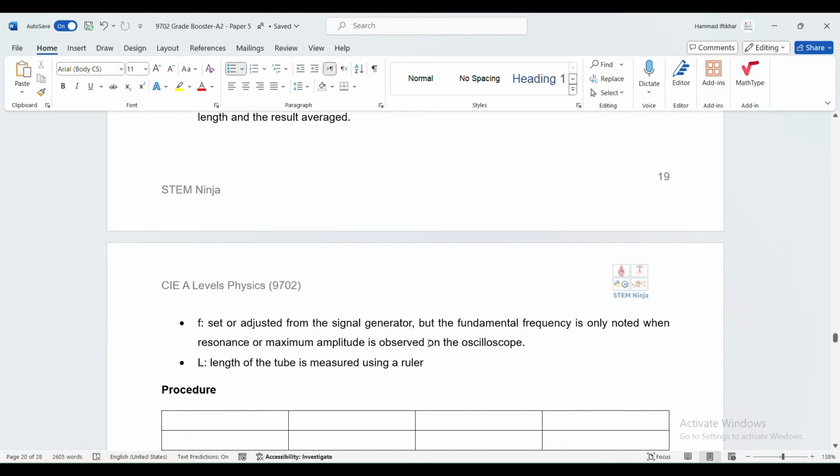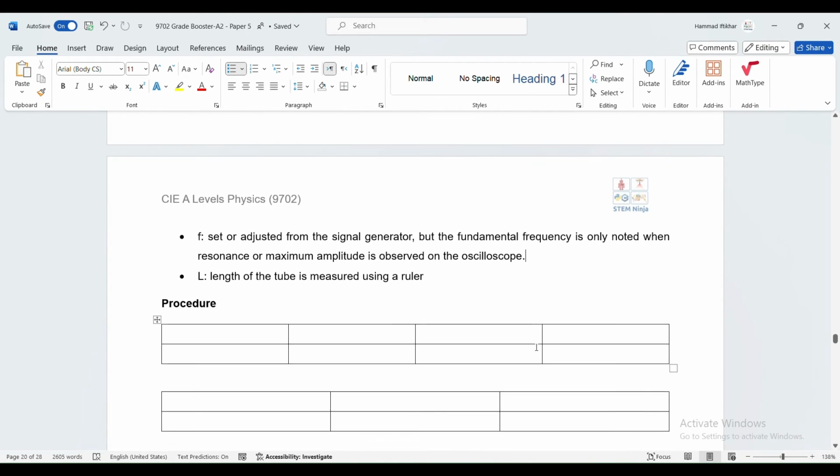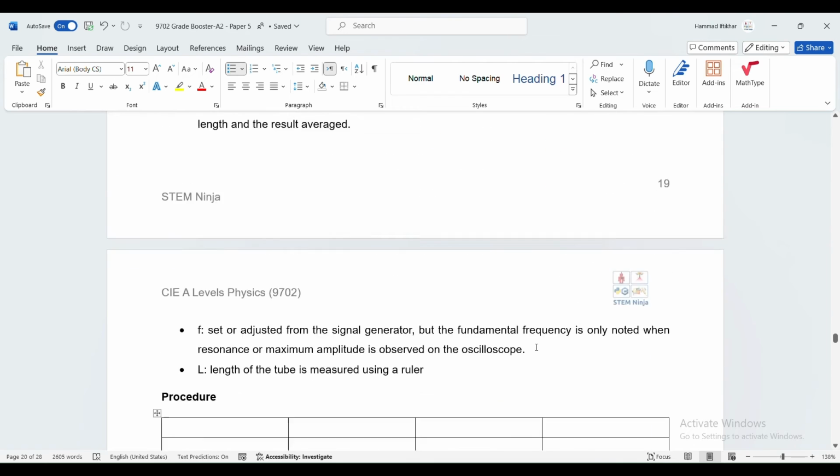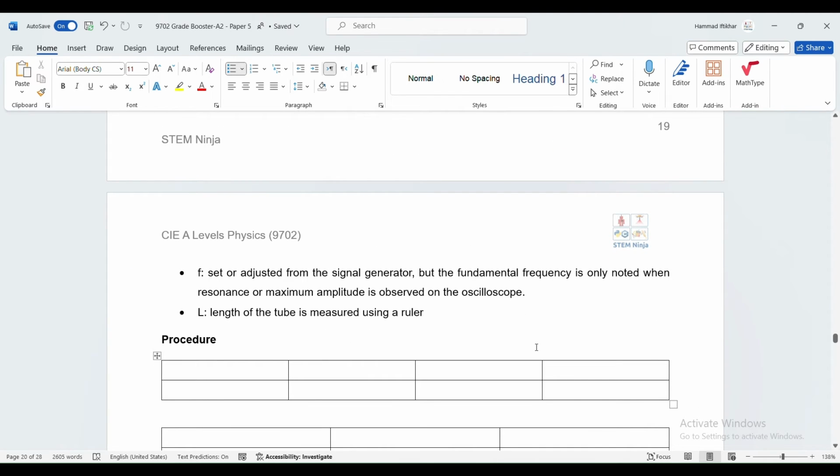Maximum amplitude is observed on the oscilloscope. Oh, I forgot about the microphone. The frequency is that of the sound generated by the speaker.